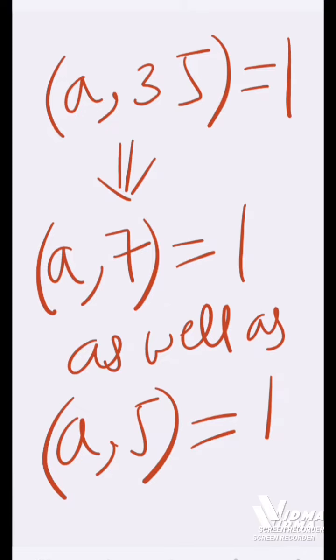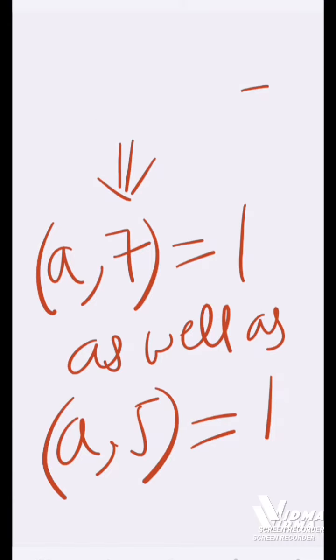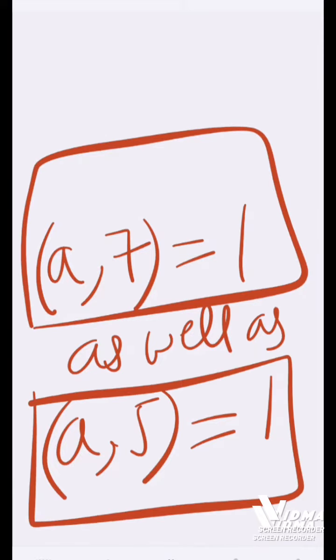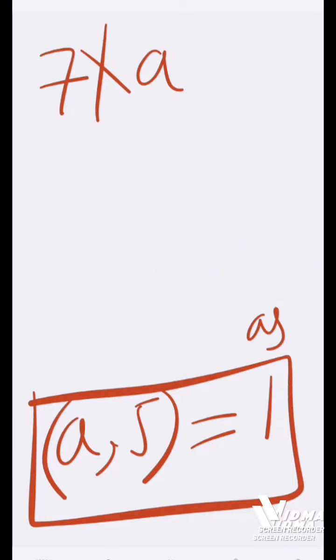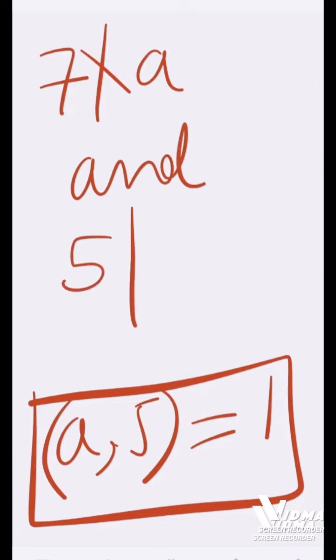So can I now say that these two things imply that 7 does not divide a and 5 does not divide a?